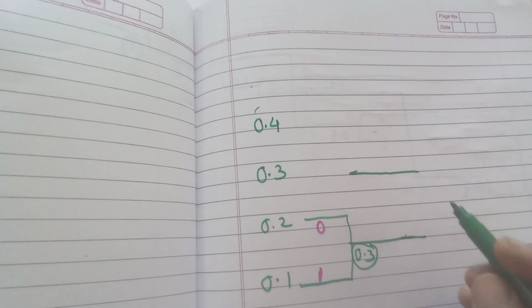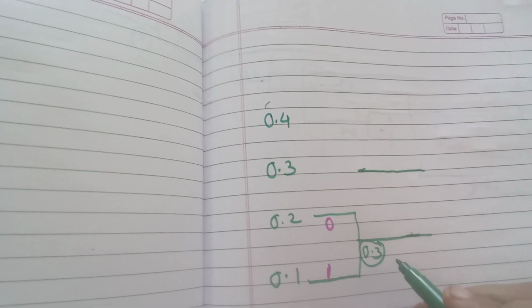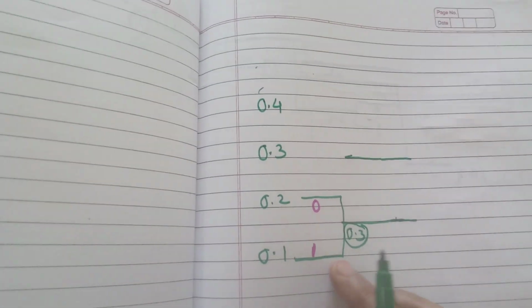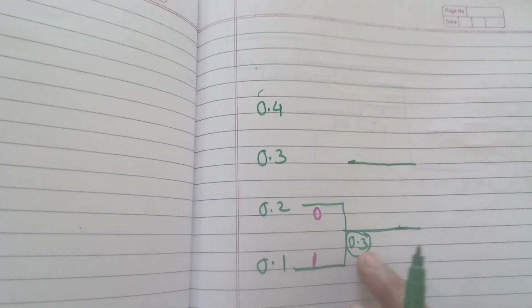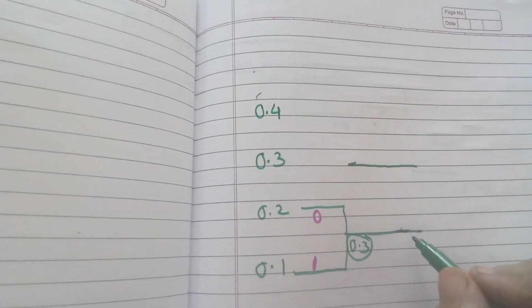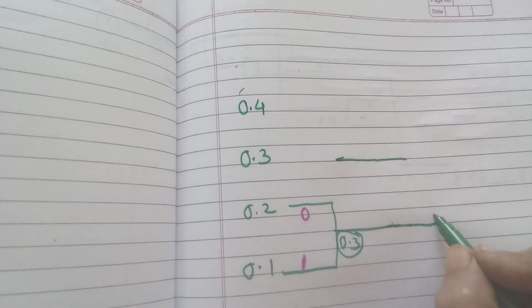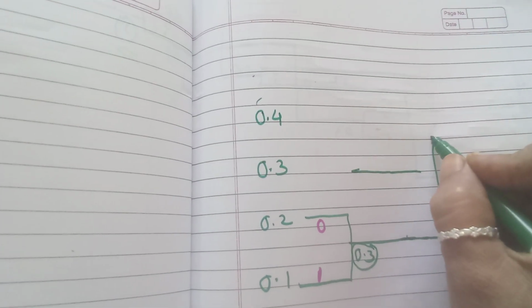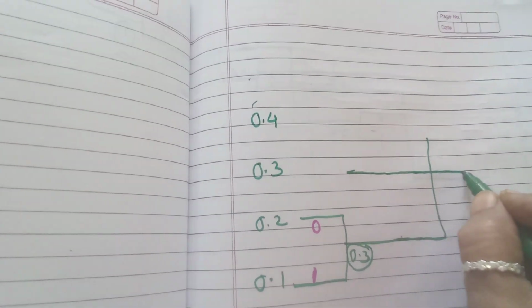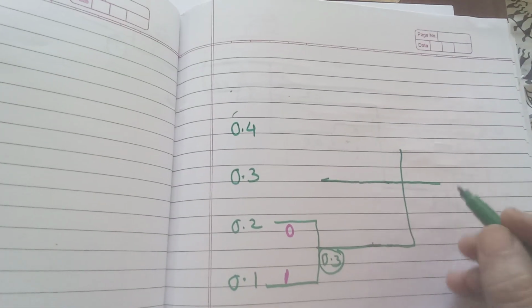Now we have already seen in the first problem that this addition you have to take upward from this 0.3. So you take this here and continue this path.